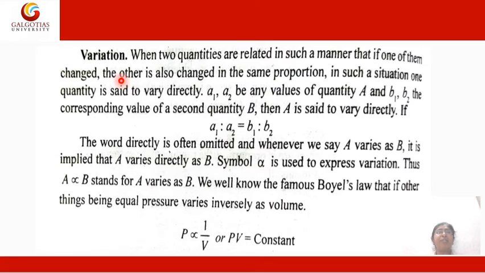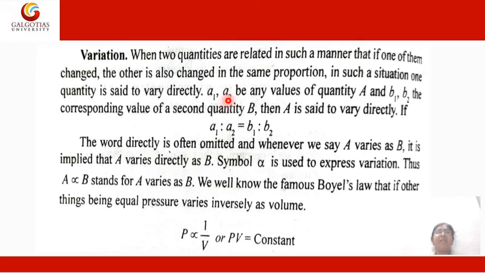Next is variation. When two quantities are related in such a manner that if one of them is changed, the other is also changed in the same proportion, in such a situation one quantity is said to vary directly.